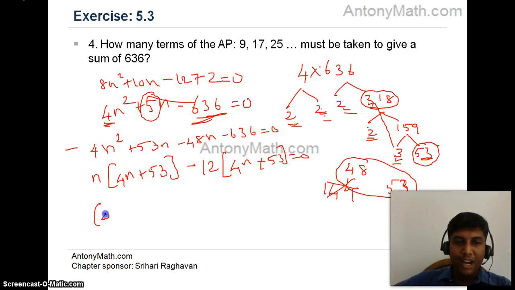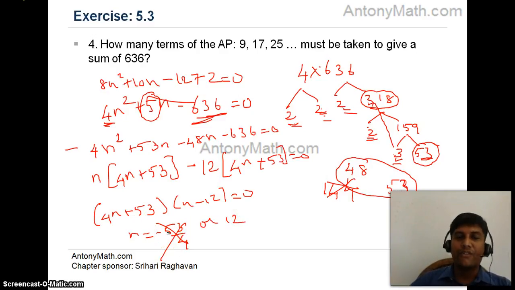So I have 4n plus 53 into n minus 12 equal to 0. So n is either minus 53 by 4 or 12. We know that it cannot be minus 53 by 4 for reasons mentioned earlier. N is the number of terms, which means it cannot be a negative number. So we know that n is 12.